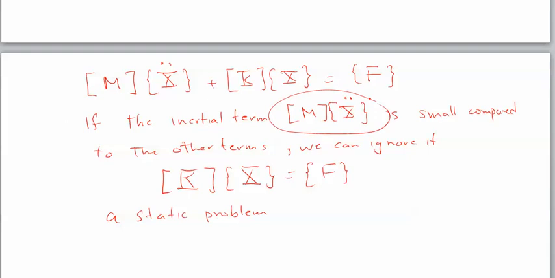You have to keep it, and you have to integrate this in time. Static problem means the inertia term is small compared to the others. You can drop it, and you can solve a matrix equation. No integration involved.